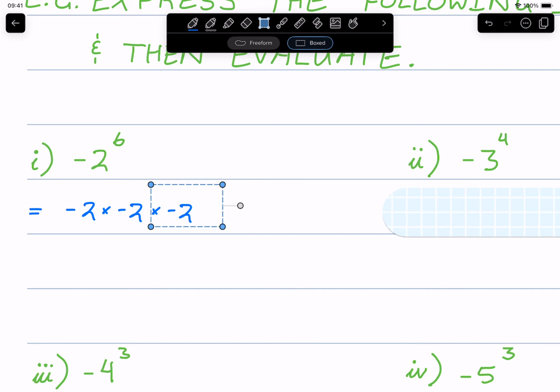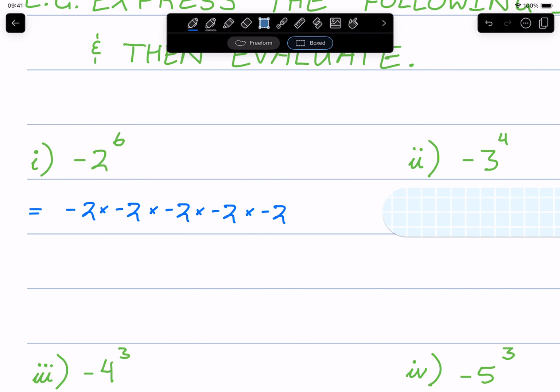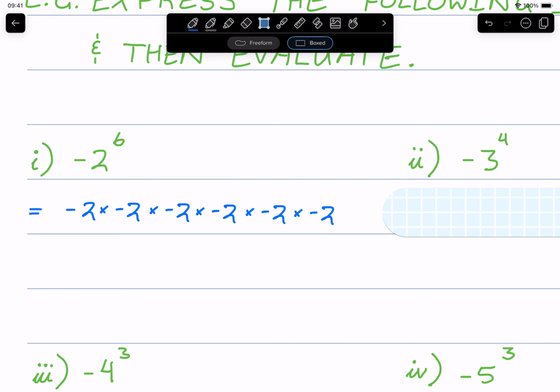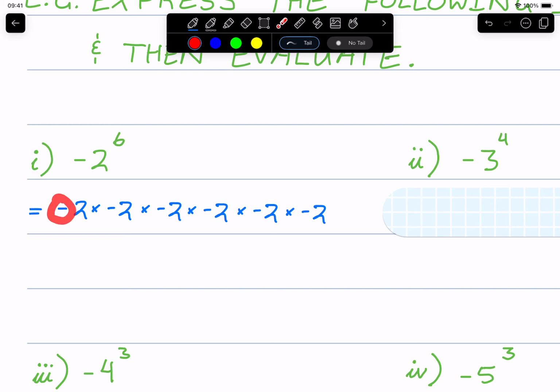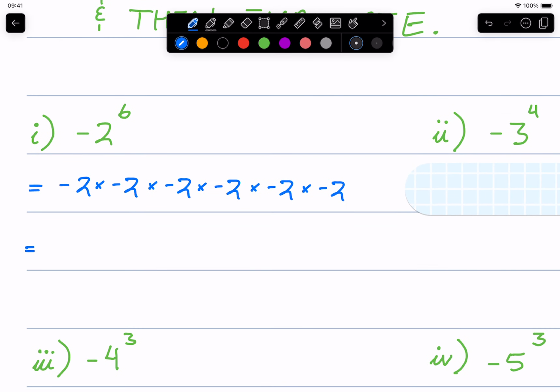So this is 1, 2, 3, 4, 5, and 6. So the negative doesn't suddenly vanish. It repeats the negative as well as the base, however many times the index shows.